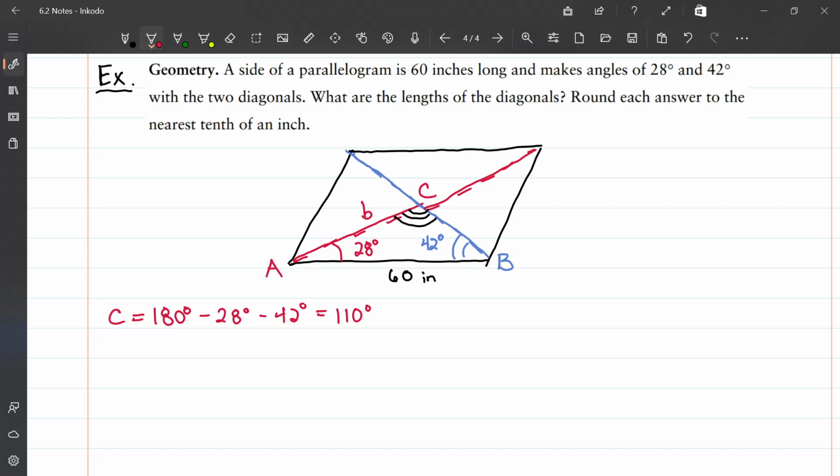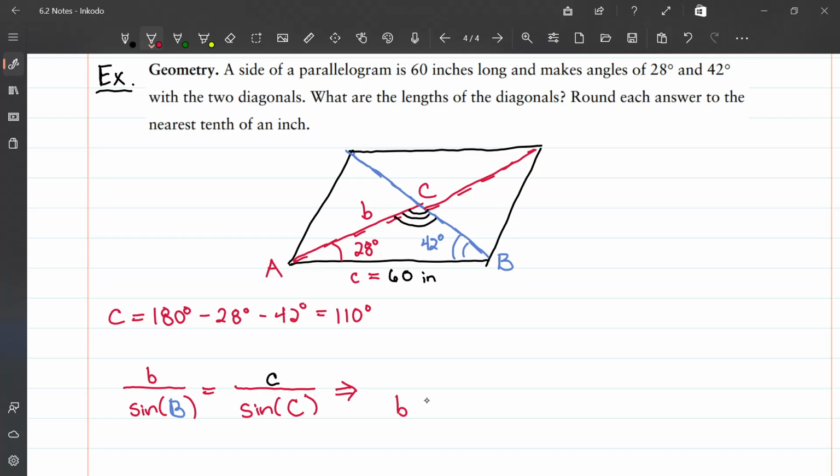So, in other words, we should get little b over sine of big B is equal to little c, which is what I'm going to call this side over here, equal to 60 inches, divided by sine of big C. And now this looks like things that we've done a whole bunch of times already.